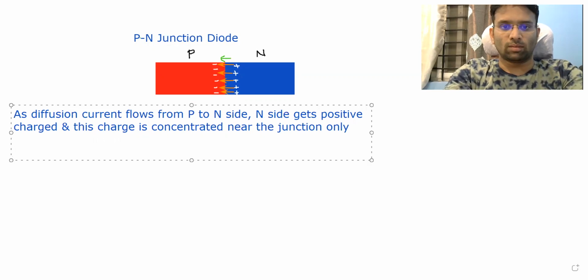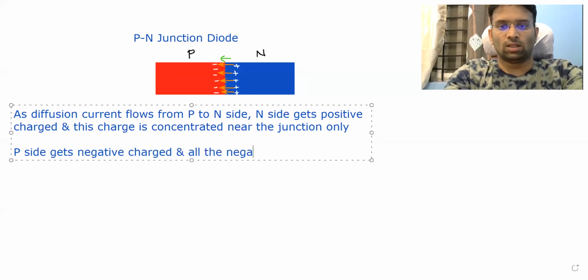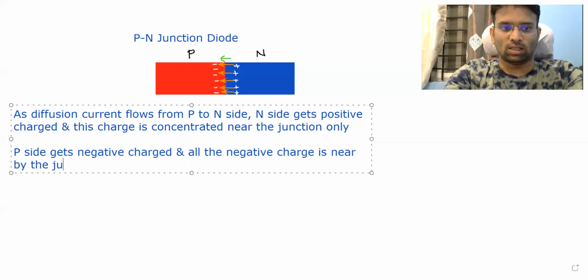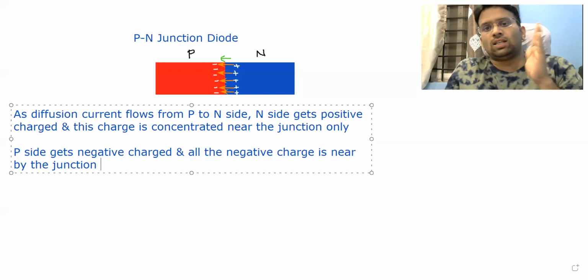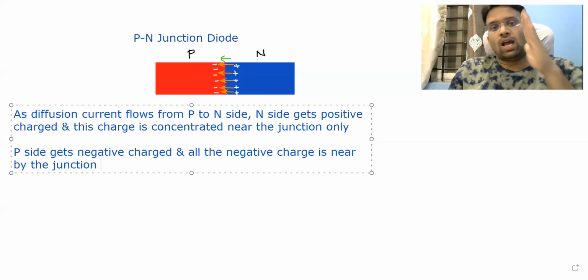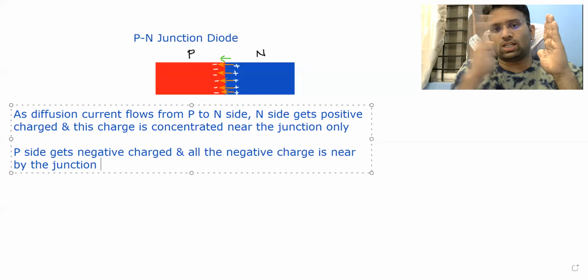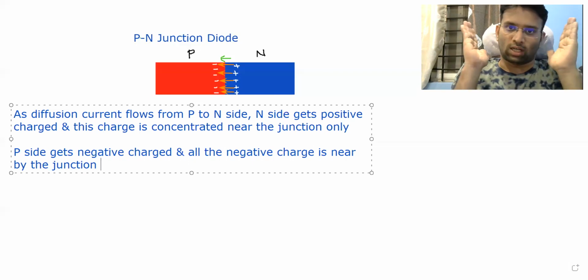Similarly, P side gets negatively charged, and all the negative charge is nearby the junction. So a few layers nearby the junction on the P side have negative charge, and a few layers on the N side have positive charge.